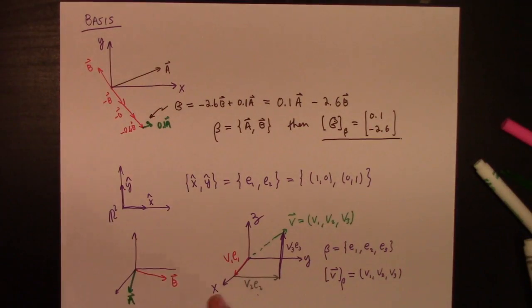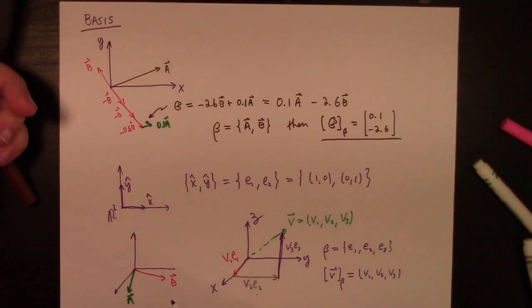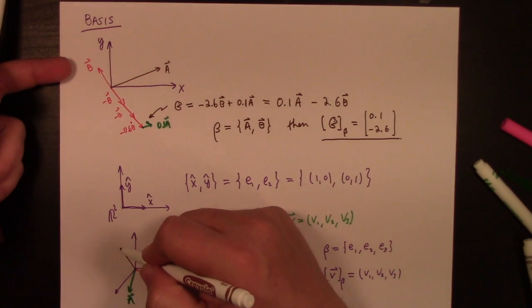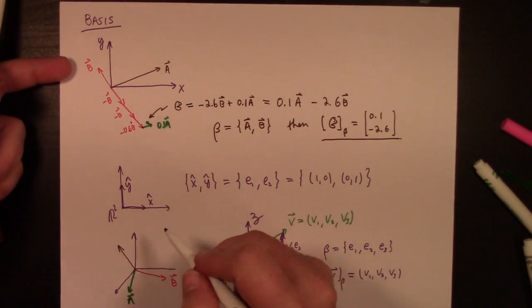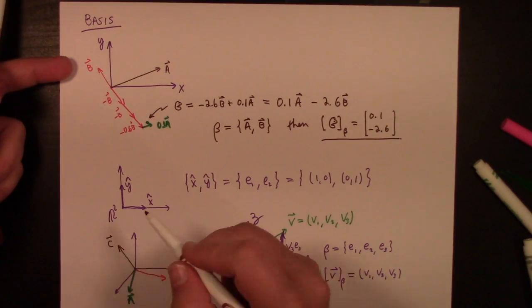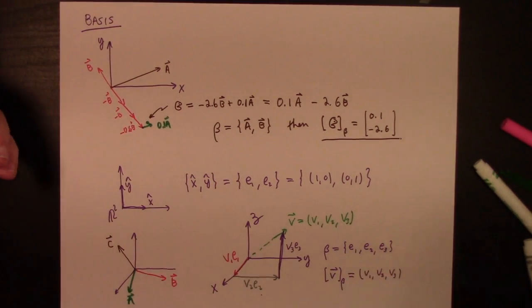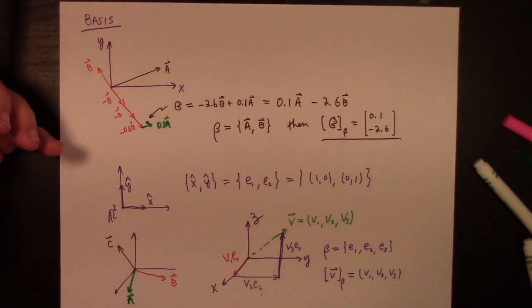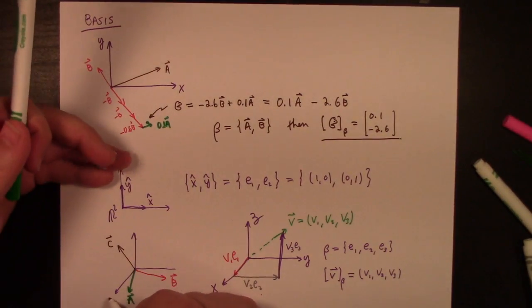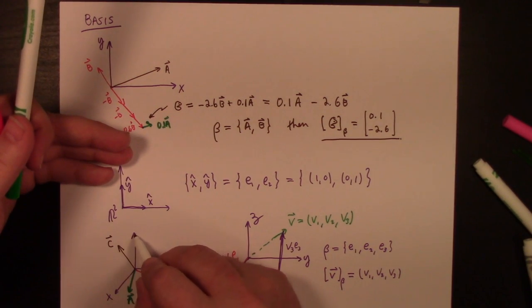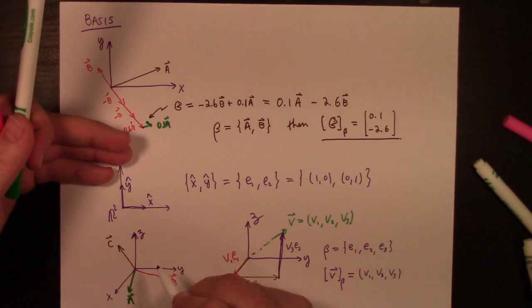The only rule for R3, if I'm going to make A, B, C a basis, is that C can't be coplanar with A and B. It's got to be something that adds a third dimension. Like this, for example, would do it. And then it's geometrically, I think, obvious that if you take any other point in R3, you'll be able to reach it by taking a suitable linear combination of A, B, and C.